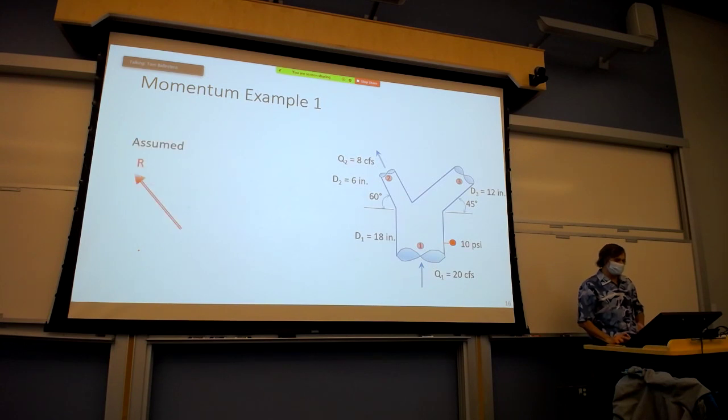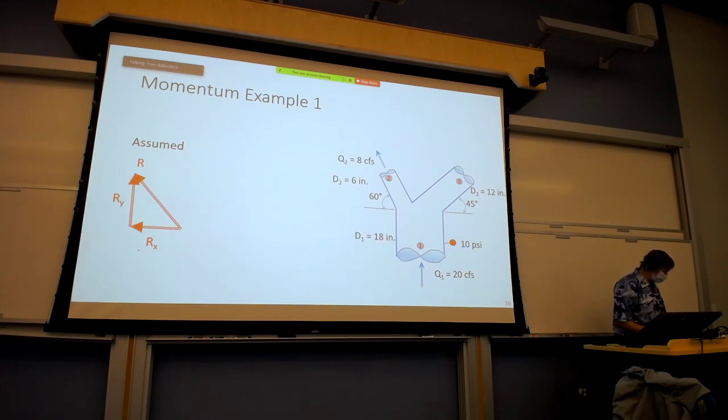So if we look at this, this is what we assumed. We assumed that we had Rx and Ry in these directions. And what we found was that the first one was minus 638 pounds. And the second one was minus 1450 pounds.